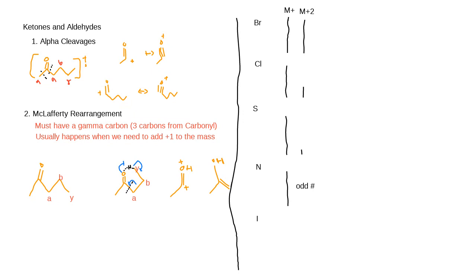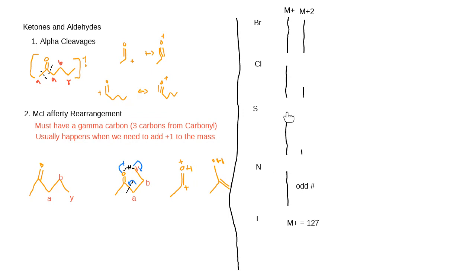And then for iodine, it's also going to be something specific. It's going to be odd, but if your M plus value equals exactly 127, that means you have an iodine in your structure. Okay. So any odd number except for 127 obviously is going to be nitrogen.